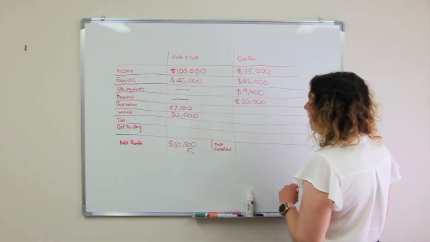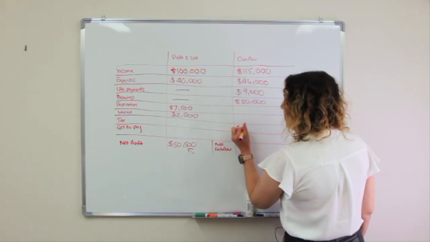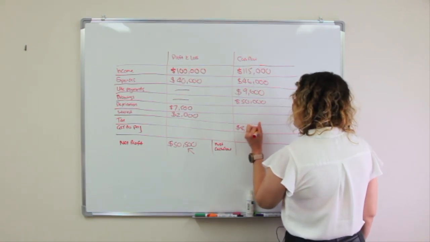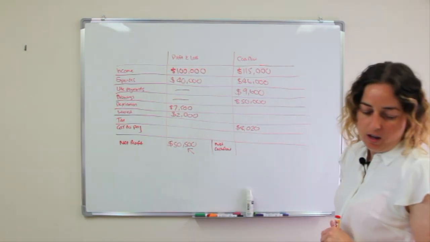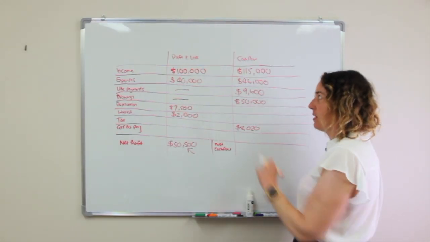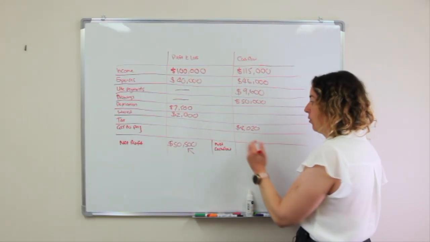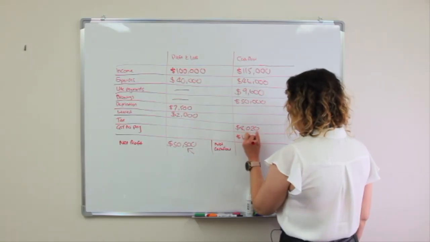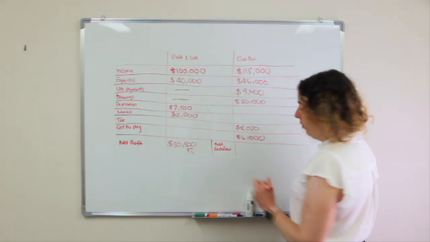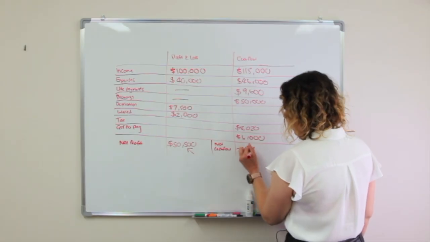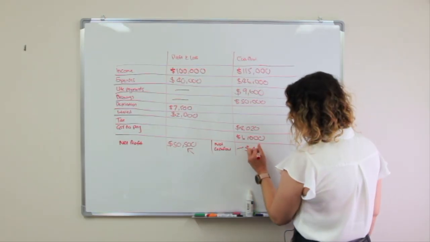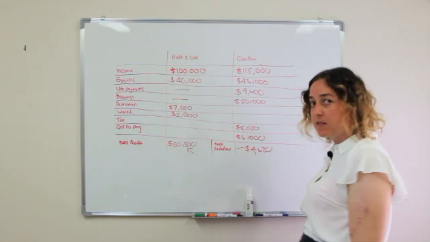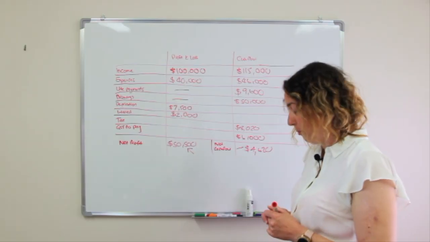So his tax works out to be about, and this depends on what financial year you're working out, about $8,020. And his GST he would have had to pay over this financial year, if you looked at all of this, was $6,000. Now his net cash flow is minus $4,620.